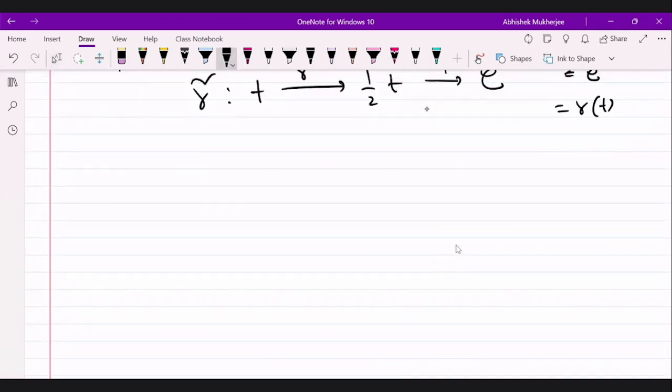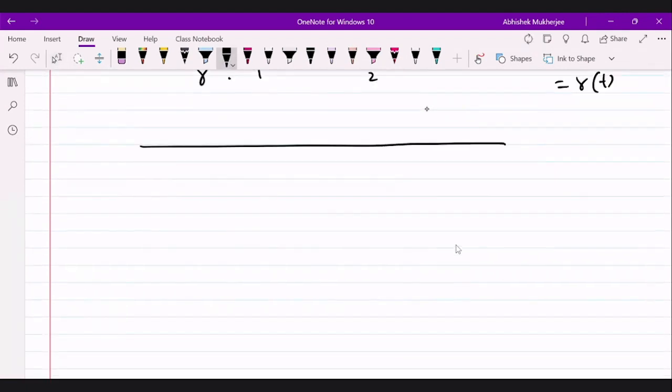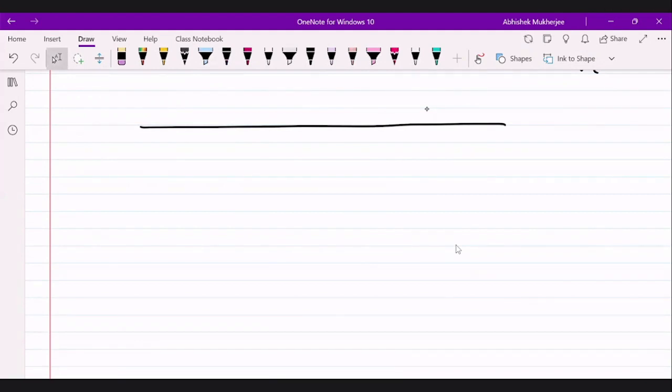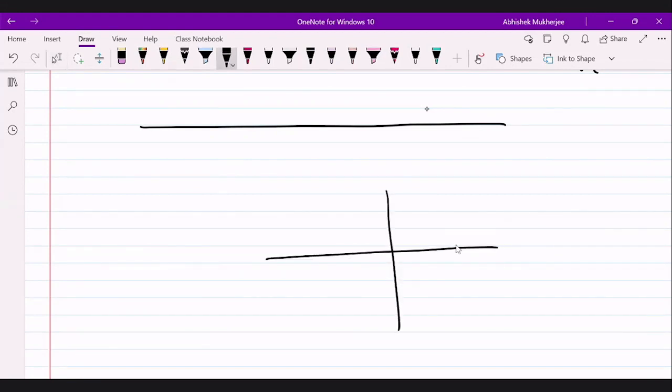Suppose you just take the other side, the lower half plane intersection S1. You will get, suppose we are taking this one. Then what will happen?